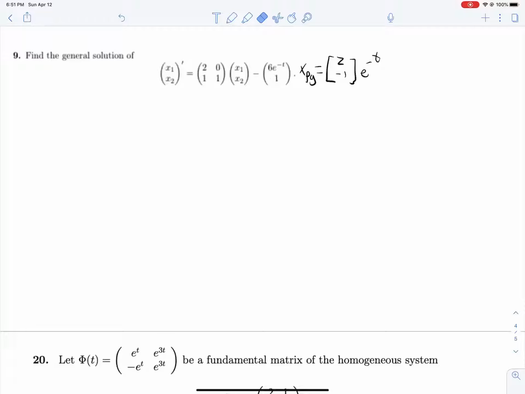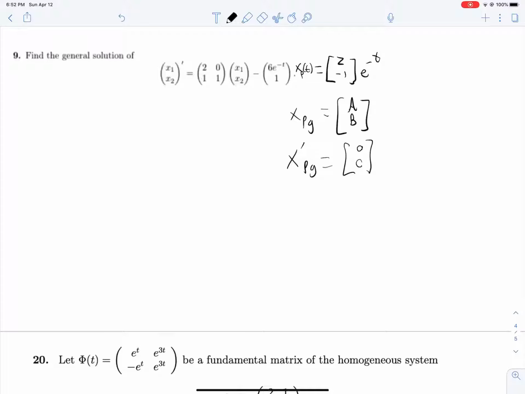Now we have to remember that we still haven't found the contribution to our x particular of this 1 here. So this is actually xp of t. Now xpg, we're setting up a new one. That's just going to be a, b, some constants where x prime is just 0, 0.